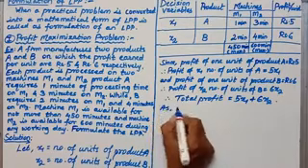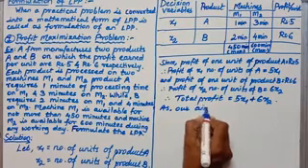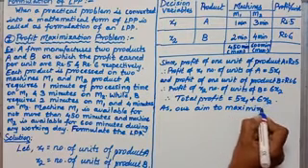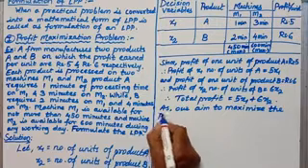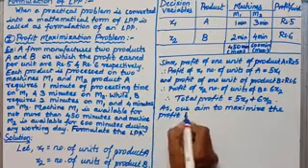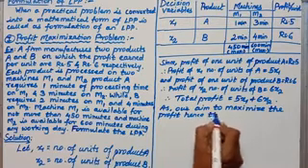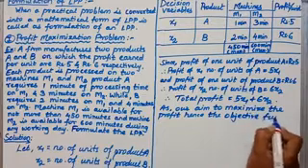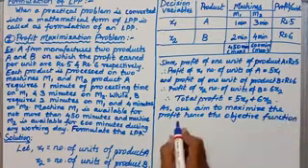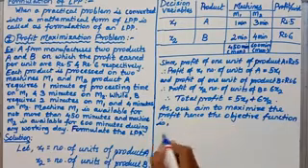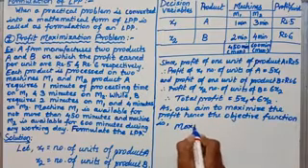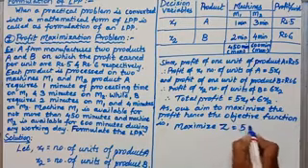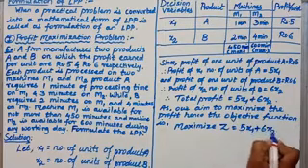as our aim is to maximize the profit, hence the objective function is: maximize z equals 5x1 plus 6x2.